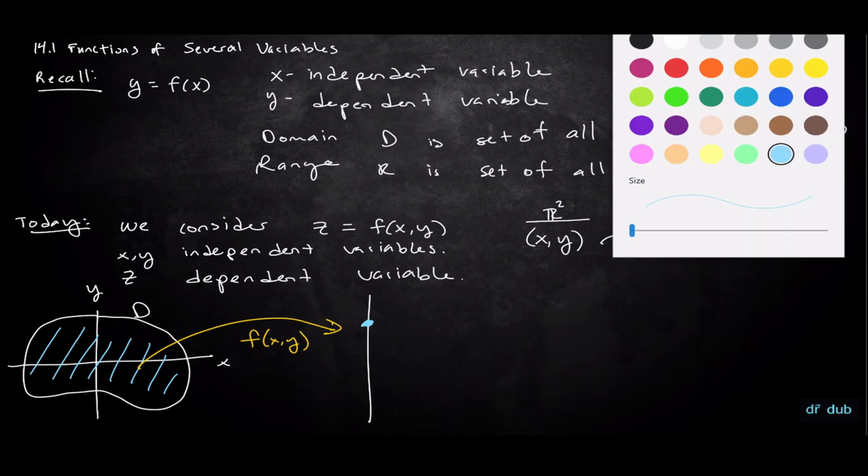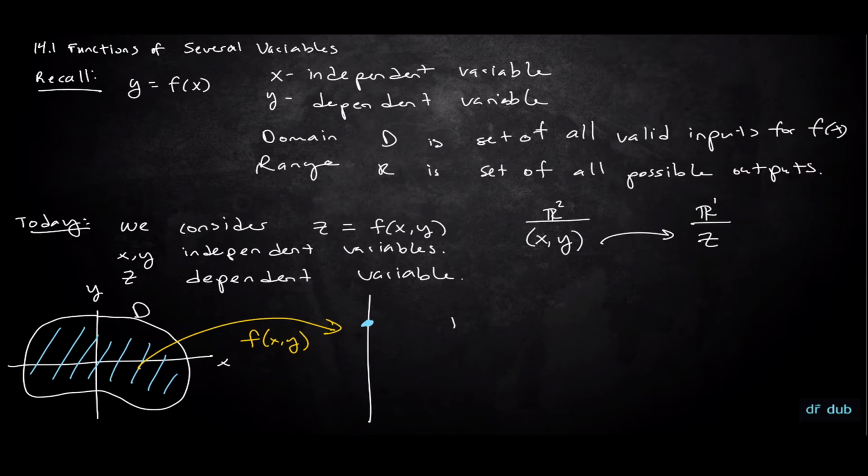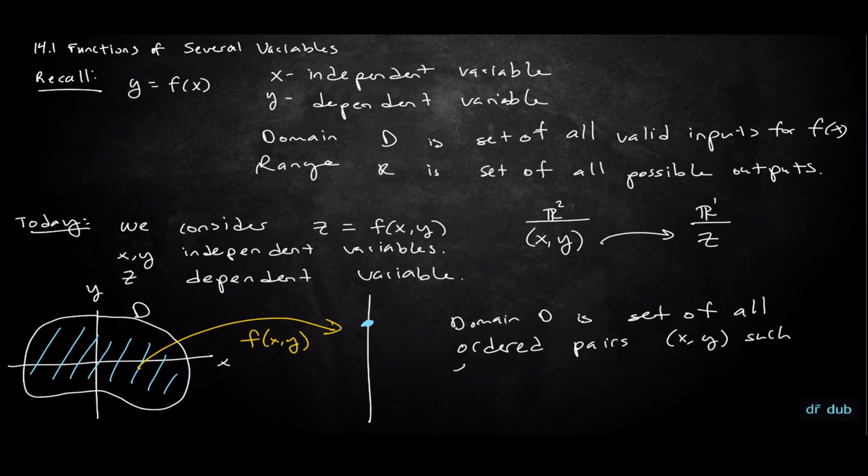Now the domain D is the set of all ordered pairs x, y such that f of x, y is a valid expression.